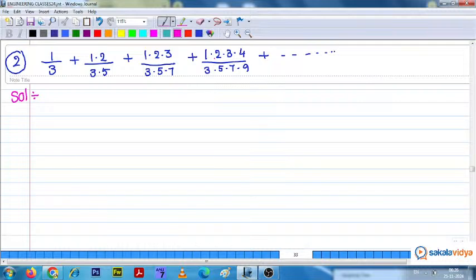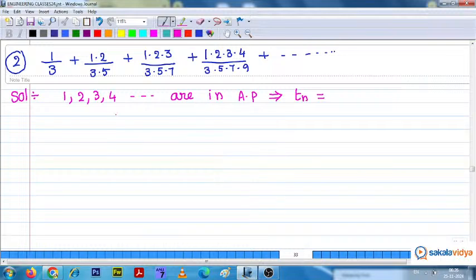Each term in the product itself forms an AP. So we can write like this: 1, 2, 3, 4 and so on are in arithmetic progression. So we can find out the nth term of this series.